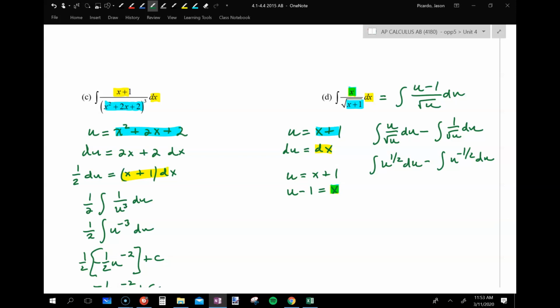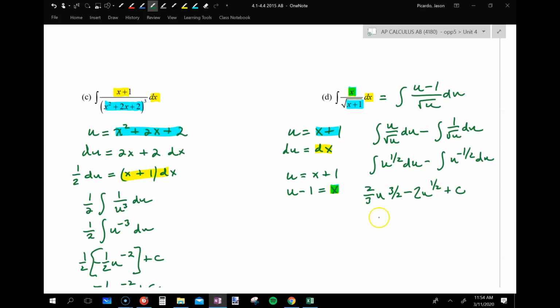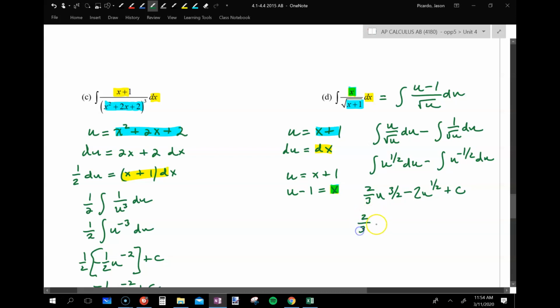And those are 2 integrals that I can take fairly easy, right? Gives me a final answer of that.